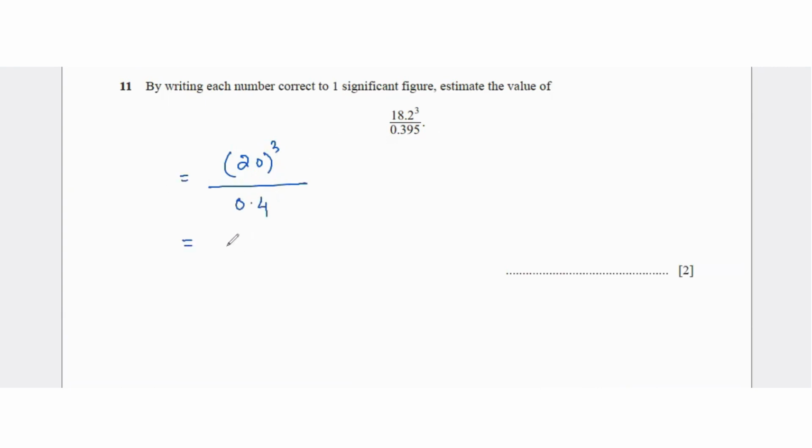So we know 20 cubed is basically 8,000 over 0.4. If we move the decimal over here, we add a 0 over here. So it becomes 80,000 divided by 4, which is going to be 20,000. And that is your answer.